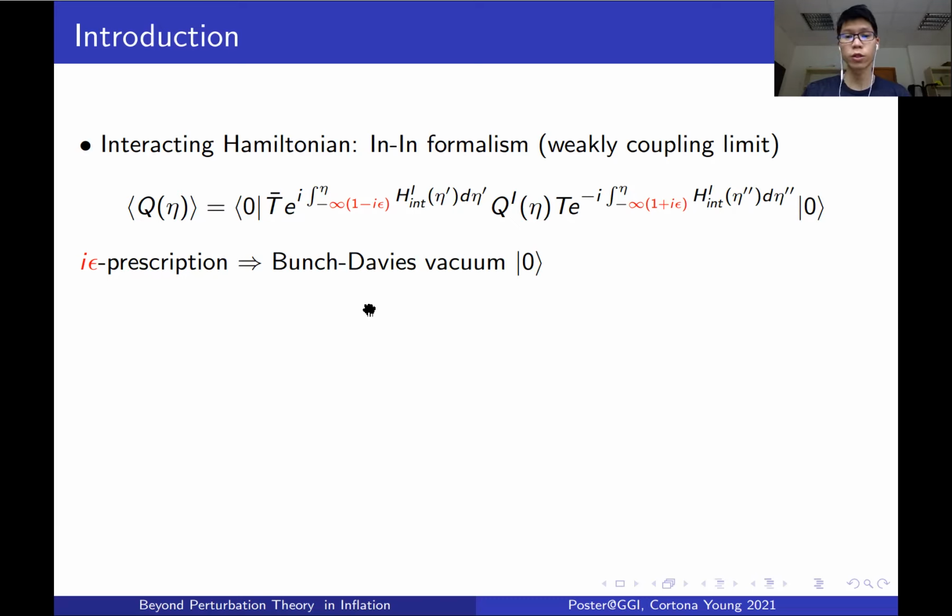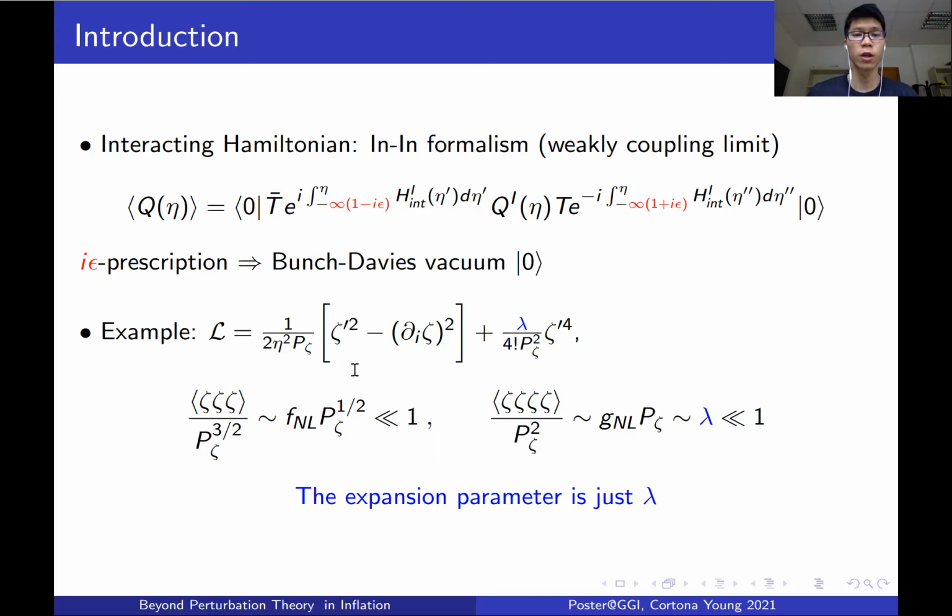Suppose I wanted to use this formula to compute this 4-point function. Suppose I have this Lagrangian for zeta, where zeta is the primordial fluctuation, or inflaton if you want, and I have this self-interaction. Then I compute this 4-point function and compare it with the power spectrum squared, the typical value of the power spectrum of the primordial field.